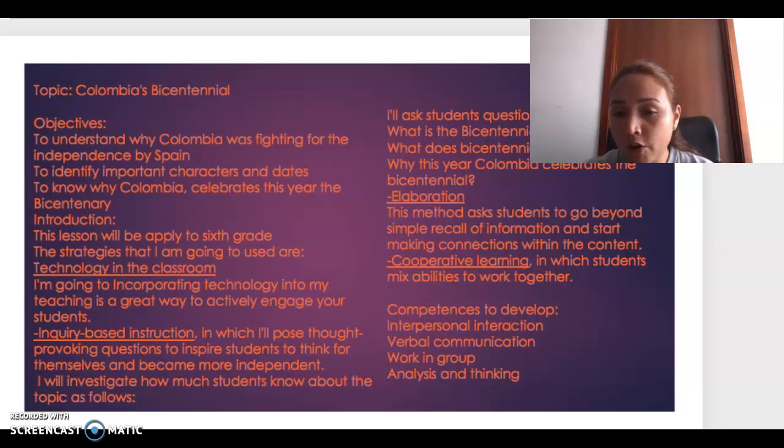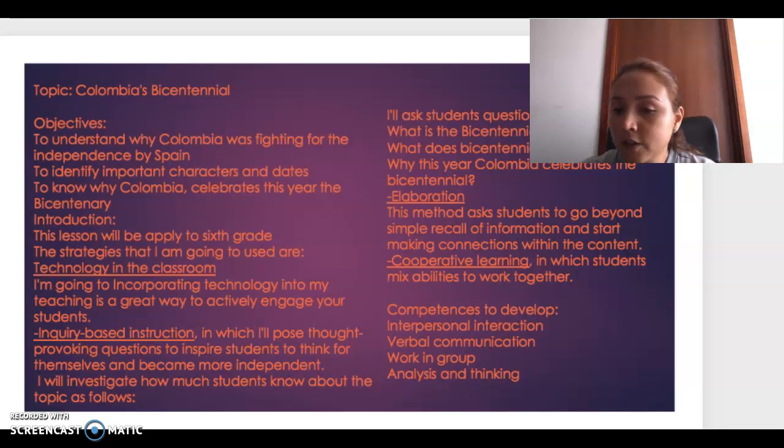And the other one, the elaboration strategy. This method asks students to go beyond a simple record of information and start making connections with the content. And finally, the cooperative learning strategy, in which the students work together and mix abilities or skills.